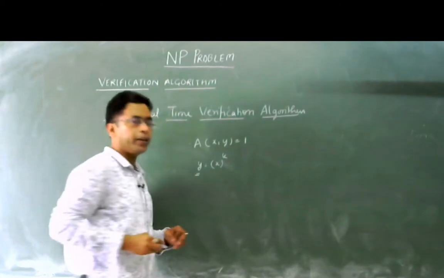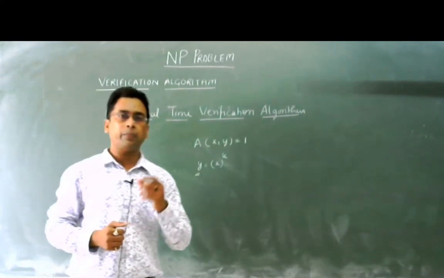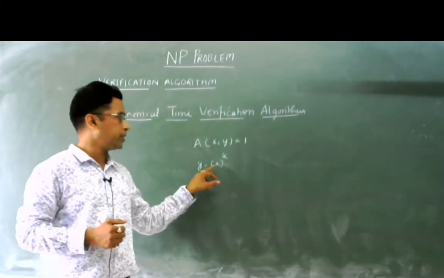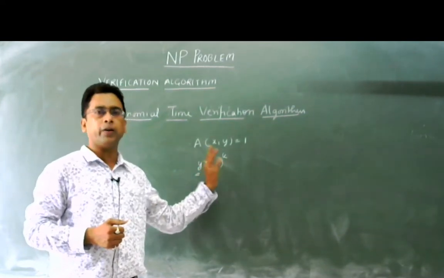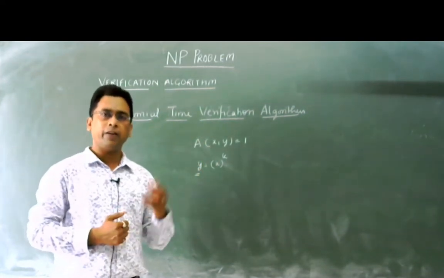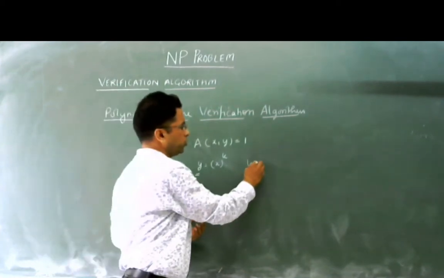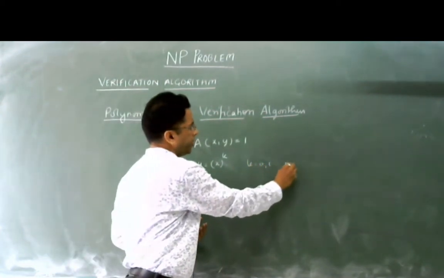If some input is of size x, then the Y certificate would be of size x raised to the power k. K can be any number, like 0, 1 and so on.